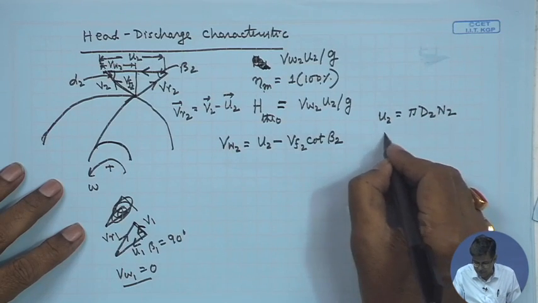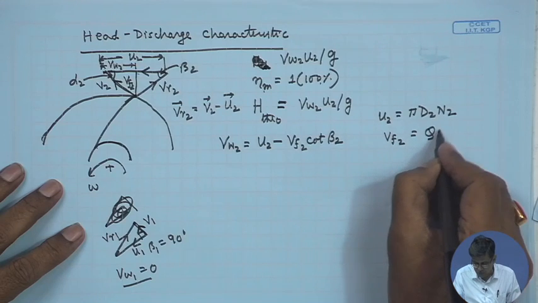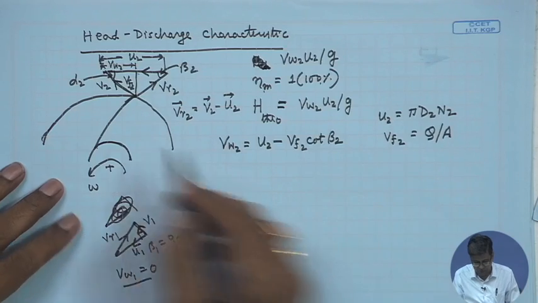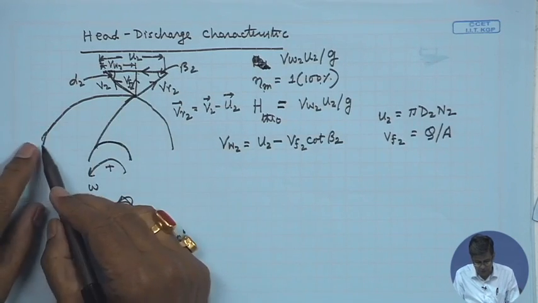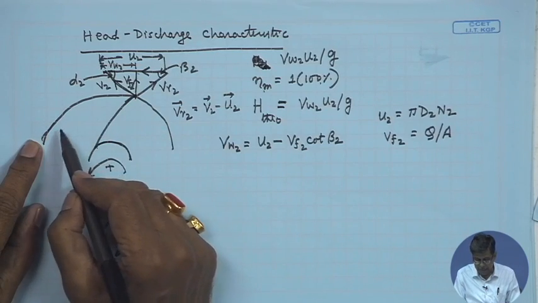And what is Vf2? Vf2 can be written in terms of the flow rate Q divided by the area normal to the flow velocity, which is pi d2 times the width of the impeller at the outlet.